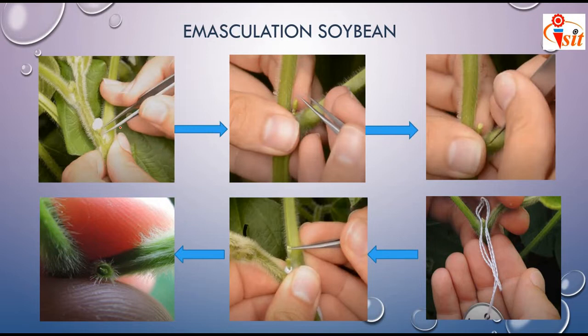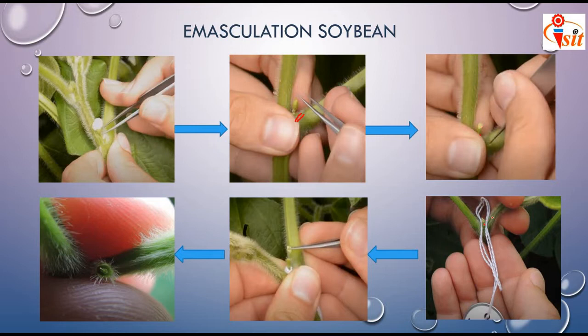Here the adult florets are removed by the person, and the proper hood stage condition of bud is selected. After that the bud is opened, and after opening it you should remove the standard, wings and keels from the bud.